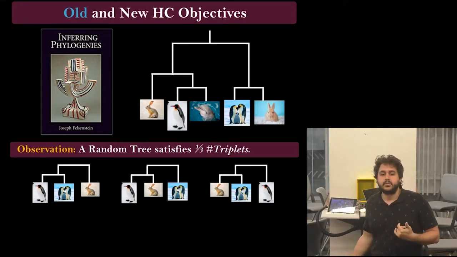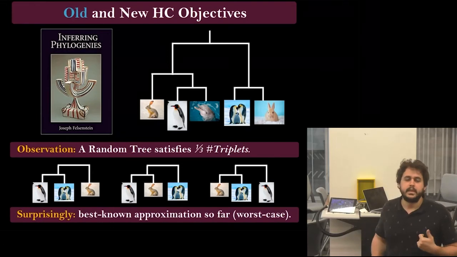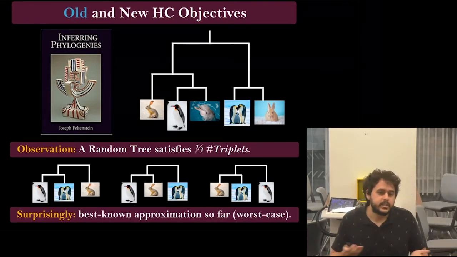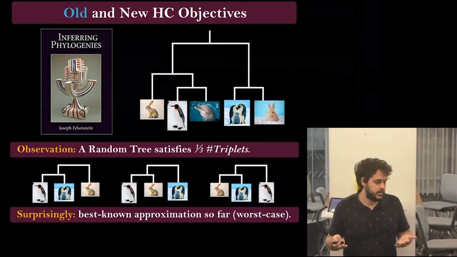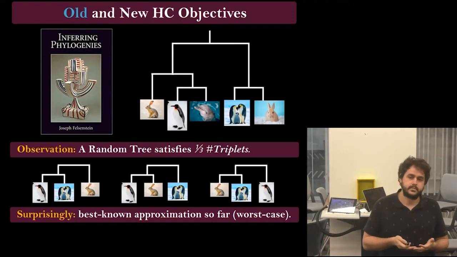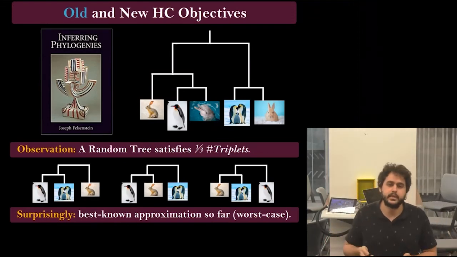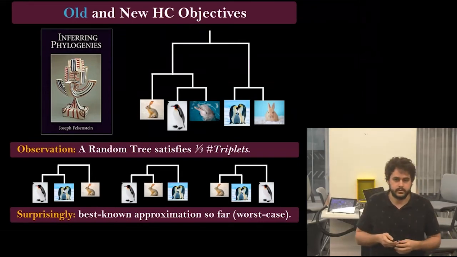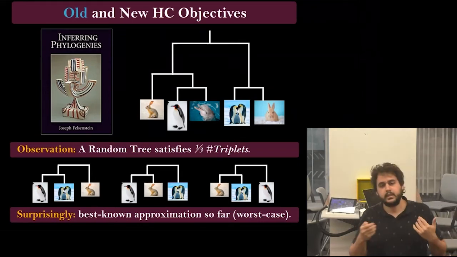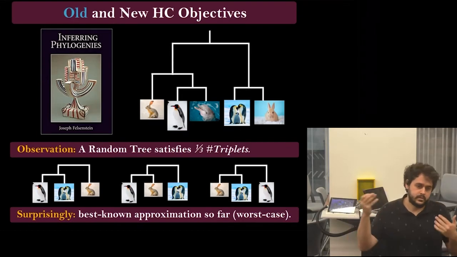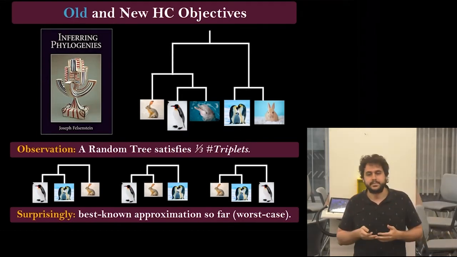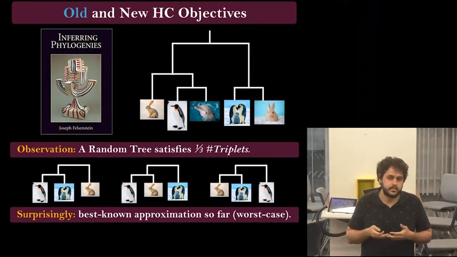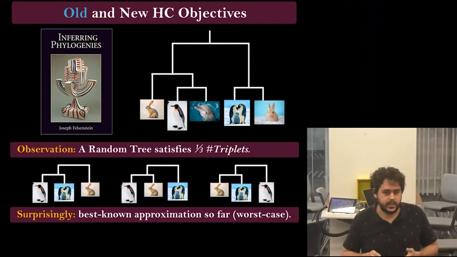And it turns out, surprisingly perhaps, that this is the best algorithm we have so far for this problem in the worst case. So this simple random tree, of course you can de-randomize, you can come up with some greedy techniques, but this is the best we have so far. And later today we will see some reasons why this happens, and the conjecture is related to this.